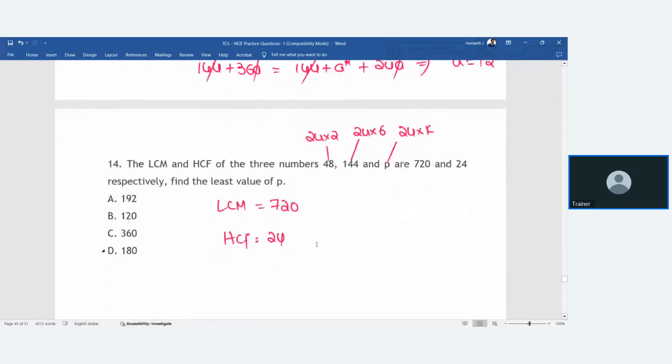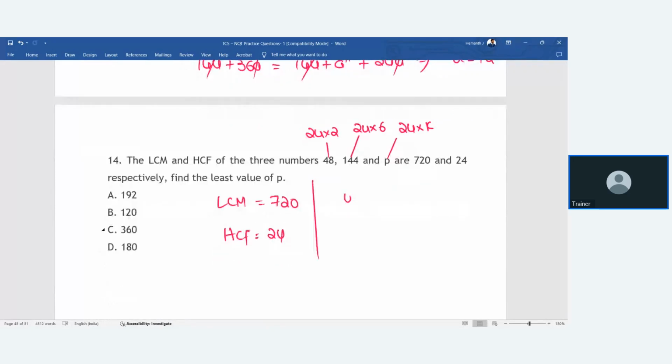Right, so the first thing you can do is write the numbers as prime number powers. 48 is 2 power 4 into 3. 144 is 12 square, so 2 power 4 into 3 square.